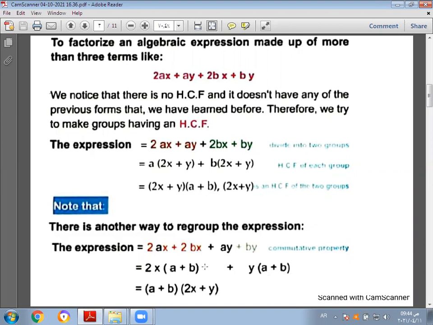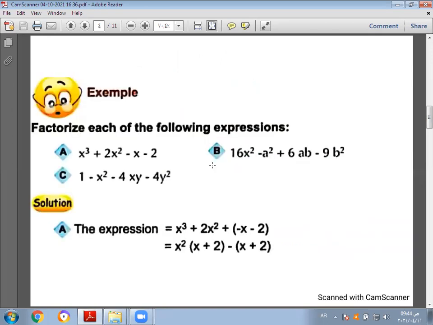Then we take the whole bracket as HCF and we cancel this part and this part. We find the remainder here will be 2x plus y. Then the factorization will be the same factors: 2x plus y multiply a plus b, or a plus b multiply 2x plus y, okay?